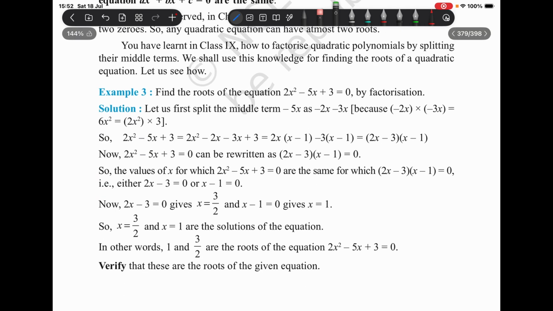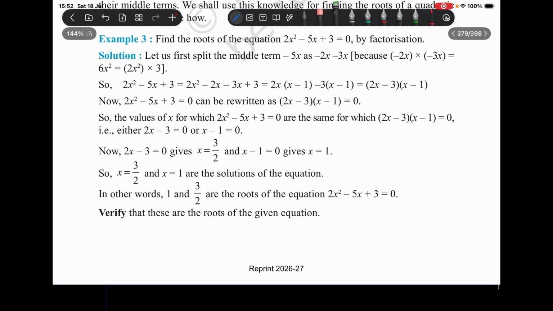Now let us solve one example. Example 3. We have to find the roots of the quadratic equation 2x square minus 5x plus 3 equals 0 by factorization.